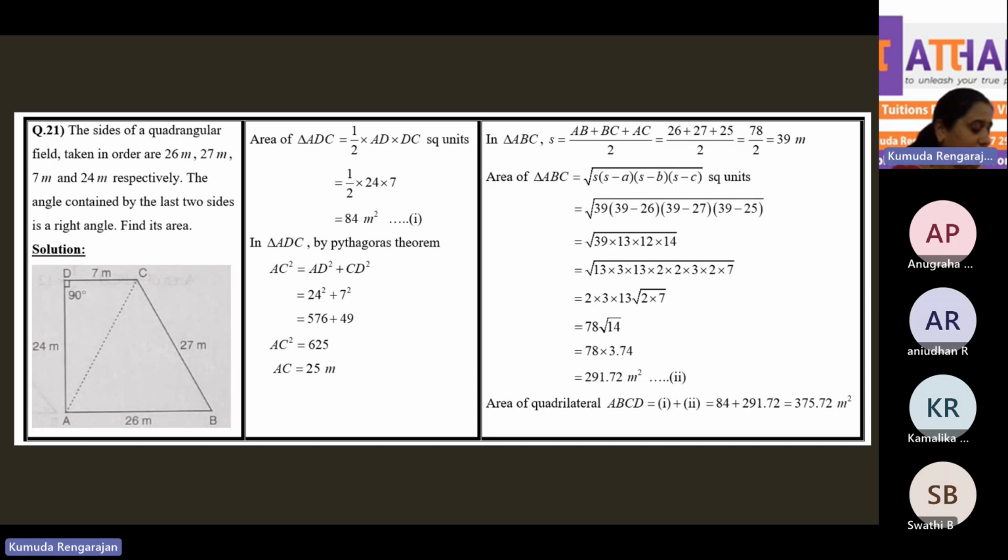CD and DA make a right angle, but this is 90, right? This 90, you marked it correctly, but CD, DA, then it should come straight like this one.